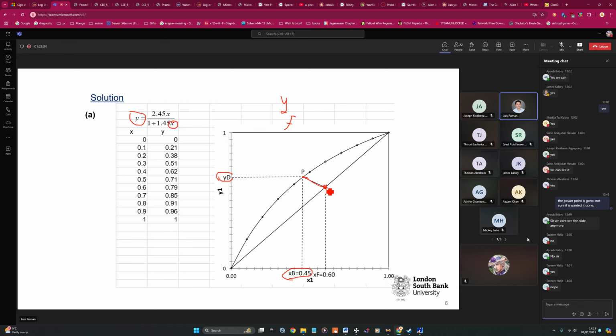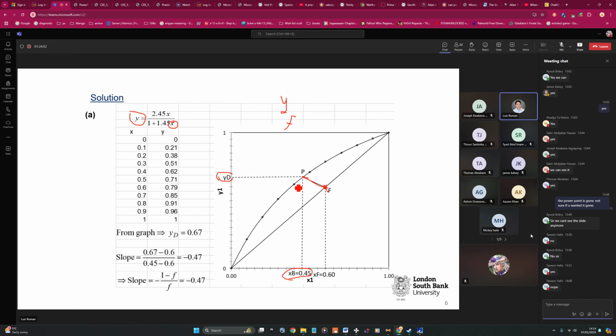Then using the equation for the operating line, we can calculate the value of the slope of this line, and then from the equation of the operating line, the value of f, because we know that the slope of this operating line is equal to -(1 minus f) divided by f.